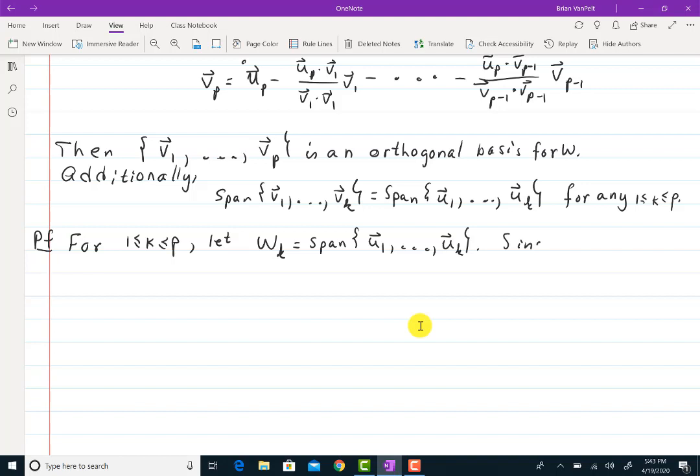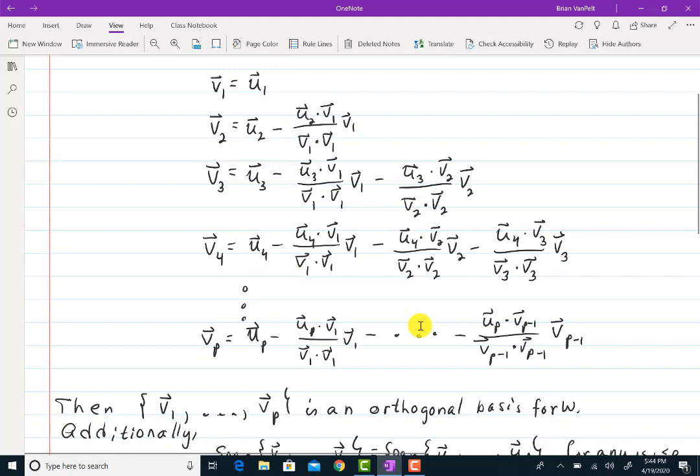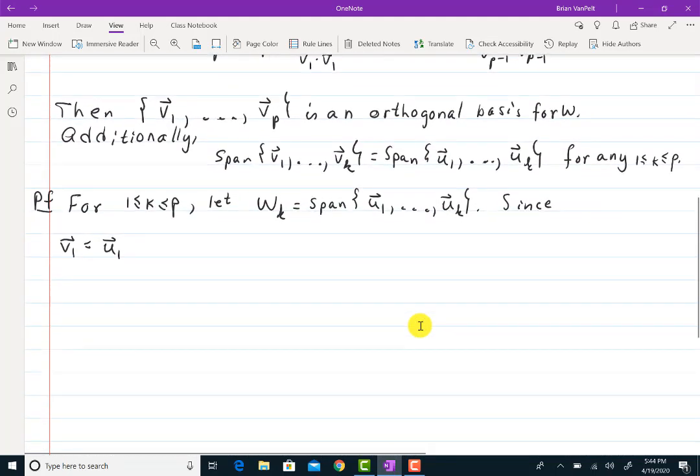Since v1 equals u1, that's the first step in this definition here. Let me remind you, v1 equals u1. Since that's the very first step there, we know that the span of v1 equals the span of u1.